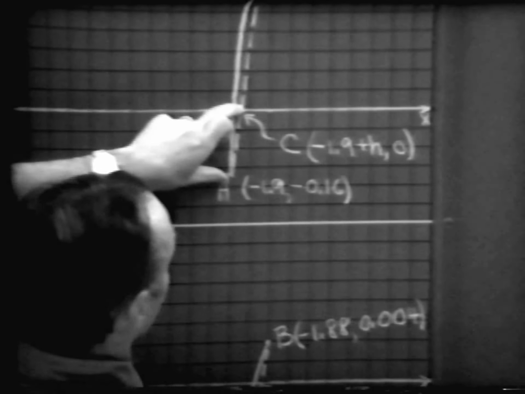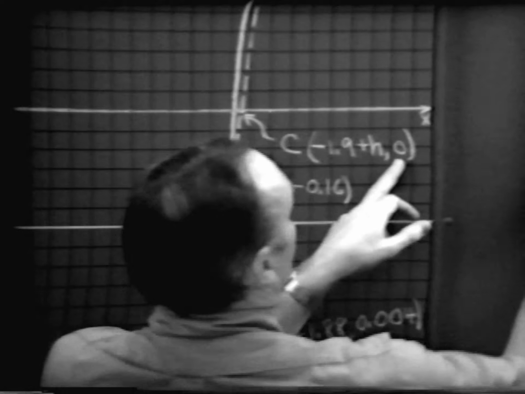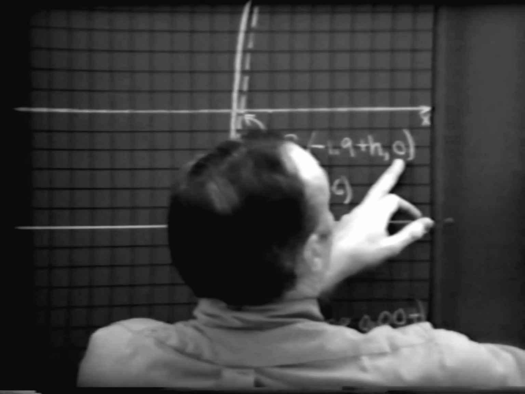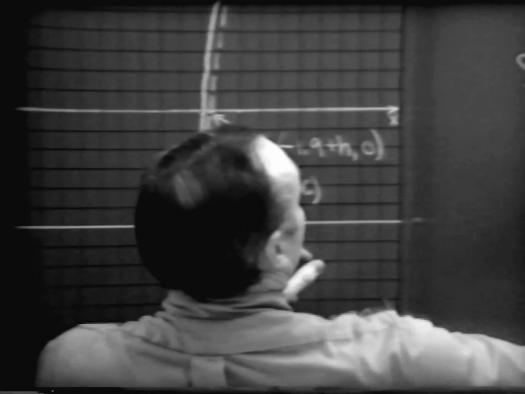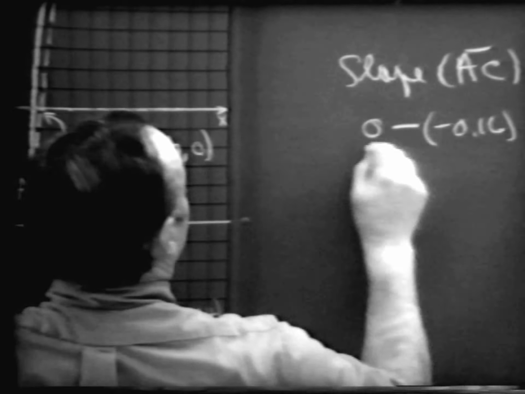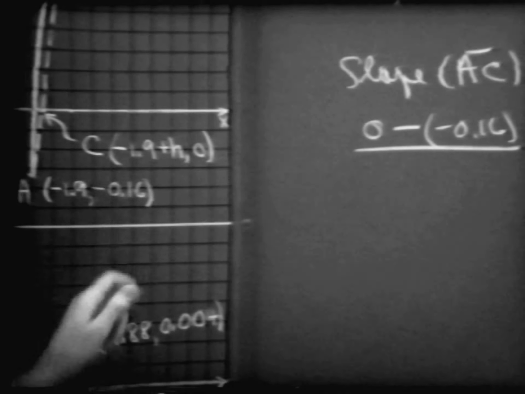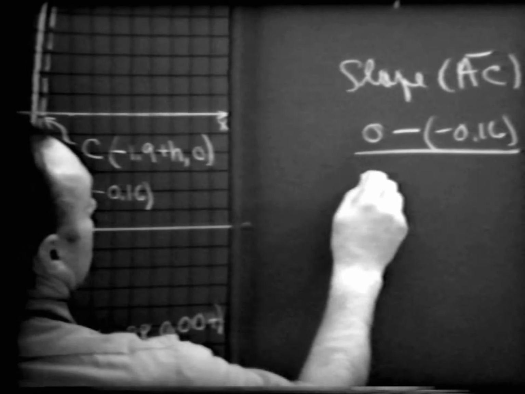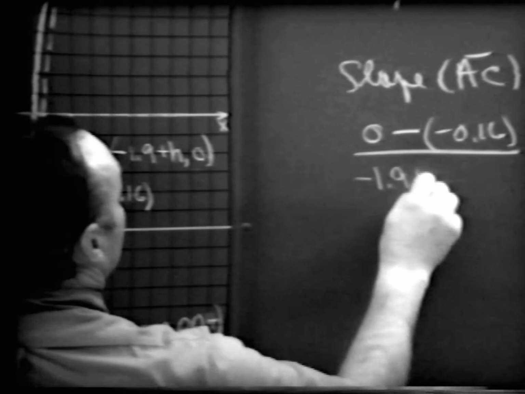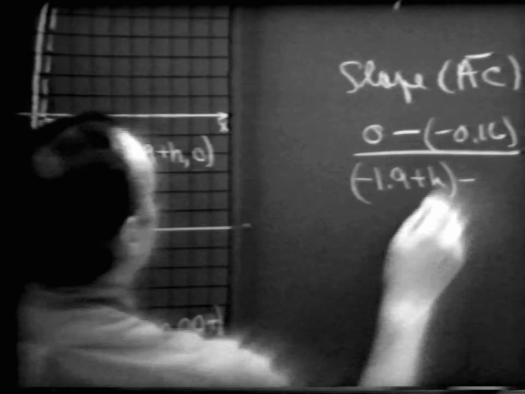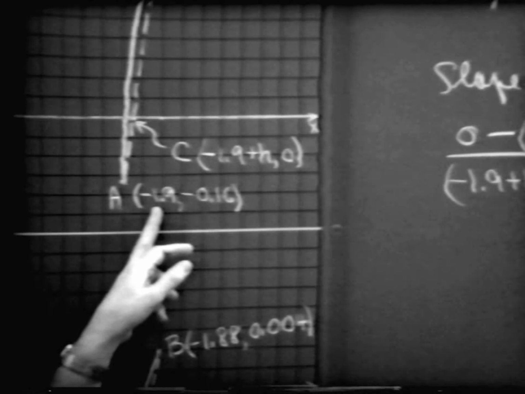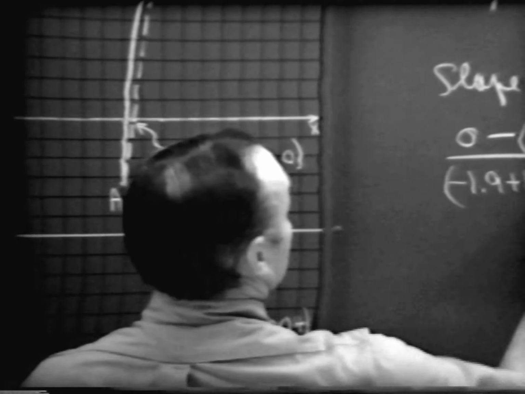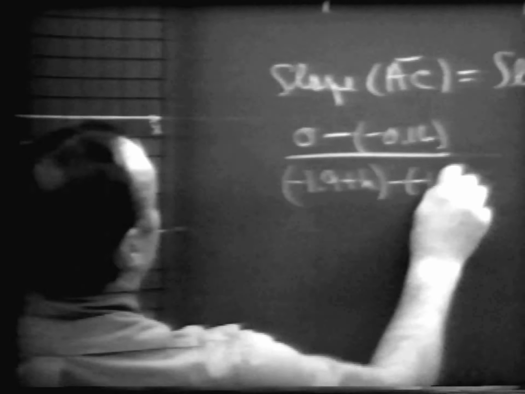Now, let's look at the slope of AC. If you remember how we define slope, it's 0 minus a negative 0.16, divided by what? By this number, which is negative 1.9 plus h minus this number. Is that our definition of slope? Which is minus what number? A negative 1.9.